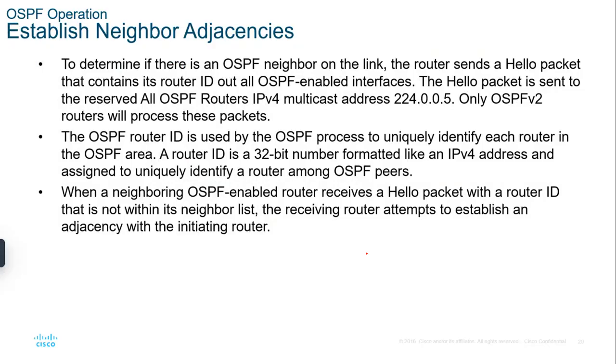Establishing neighbor adjacencies. To determine if there is an OSPF neighbor on the link, the router sends a raw packet that contains its router ID out of all OSPF-enabled interfaces. So the raw packet is sent to the reserved all-OSPF-routers IPv4 multicast address that begins with 224.